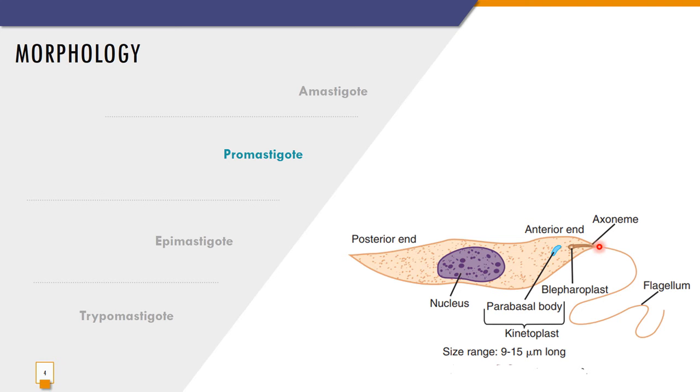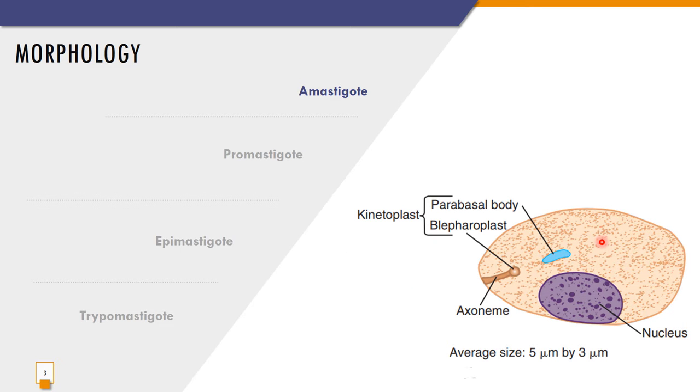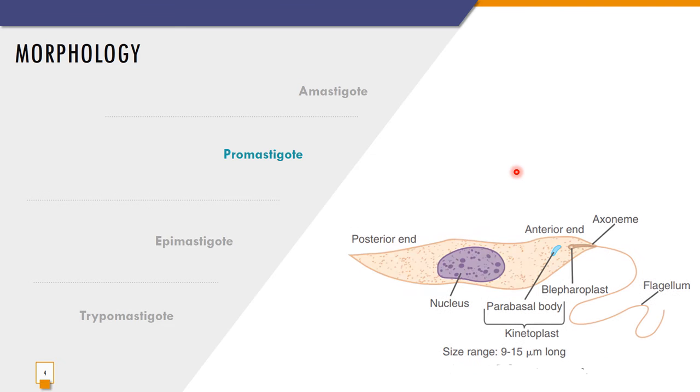So the main difference between the promastigote and amastigote is, first, the obvious, the shape. The amastigote is oval or spherical, while the promastigote is slender. And one difference between the organelles is the promastigote has an extending flagellum from the axoneme, while the amastigote has no flagellum.